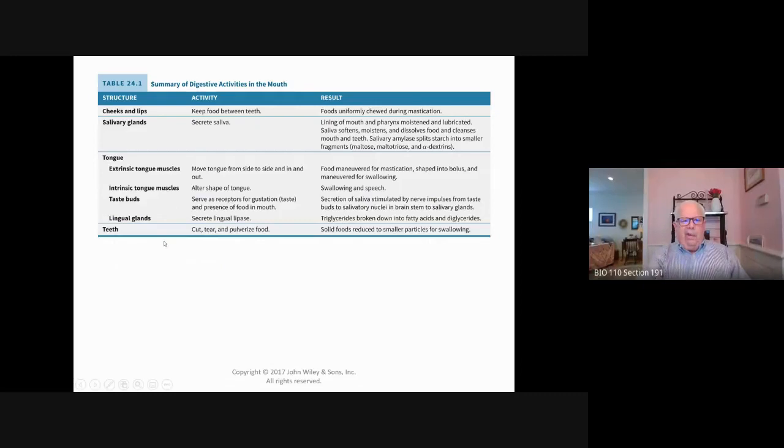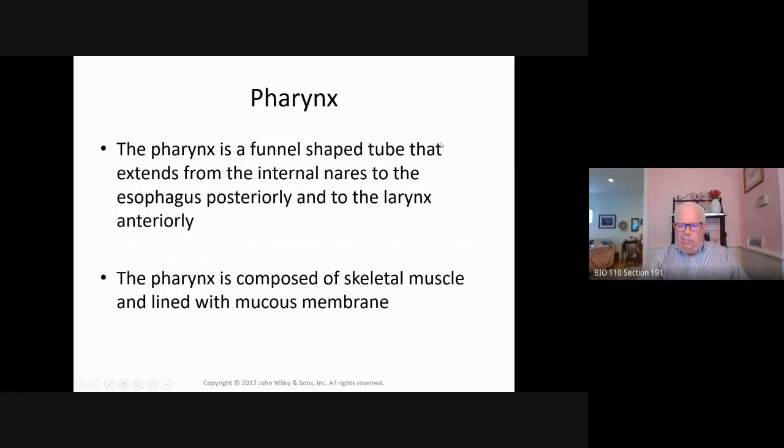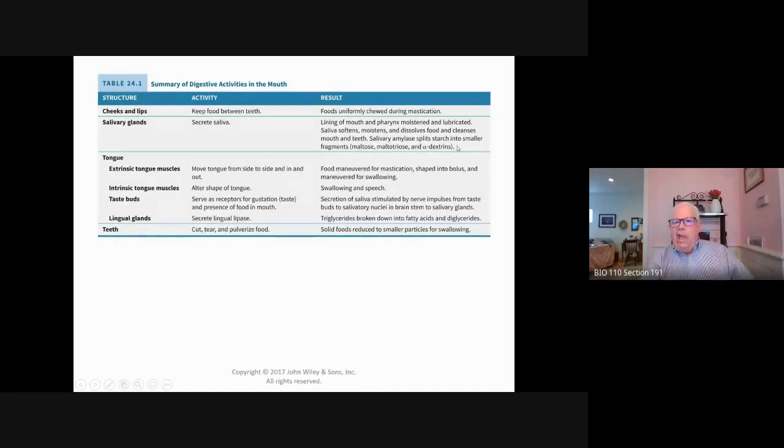So here's where you see salivary glands secrete saliva, and here you have amylase. Amylase. It splits starch. It splits starch into smaller fragments. You go from a polysaccharide to a disaccharide, and disaccharides are maltose, maltotriose, and we'll talk more about that when we get into metabolism.